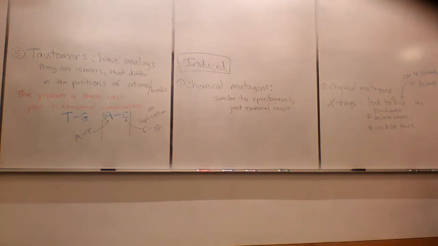Translocation. So if an X-ray makes a double-stranded break, what happens is when you go to repair, all of a sudden you stick the wrong end of one chromosome onto the other chromosome. And then we end up with things like translocation. So large chromosomal rearrangements can occur just because of X-rays causing a double-stranded break.